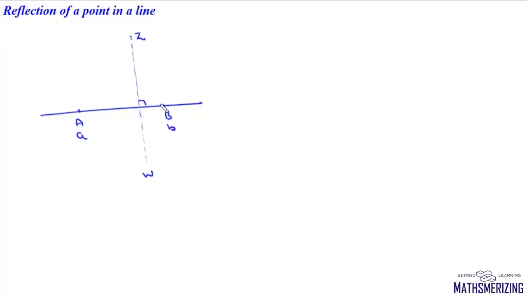Now we know that this angle is 90, so we can write argument of (W minus Z) upon (B minus A) will be plus or minus pi by 2. And if the argument is 90, that means that the complex number is purely imaginary. And if it is purely imaginary, then z equals minus z bar.